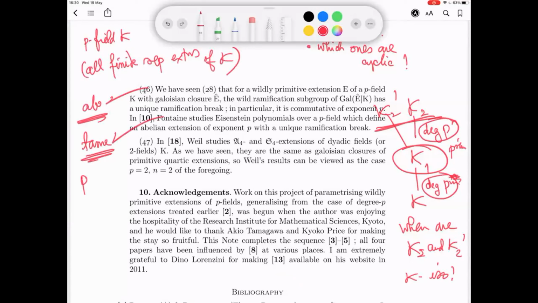If you're only interested in primitive extensions, then we have done it. But these are all special cases. The general case, all finite separable extensions of K, I don't know whether anybody can do it explicitly as we have done it for primitive extensions. So that's exactly, my time is over, the ultimate question in this theme.